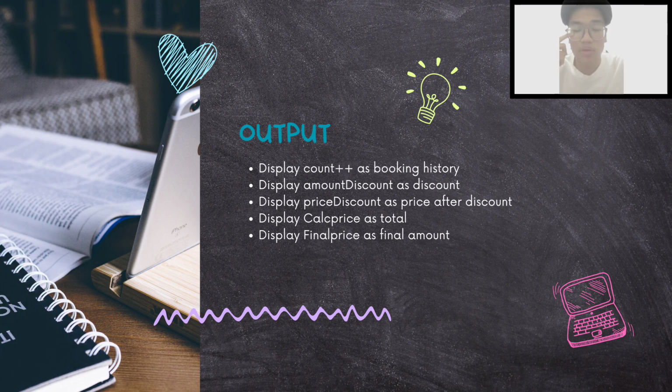After that, the output we get is the booking history. We display amount discount as discount, price discount as price after discount, and calc price as the total of the price after the discount. And finally, we display final price as the final amount of the total of the booking.